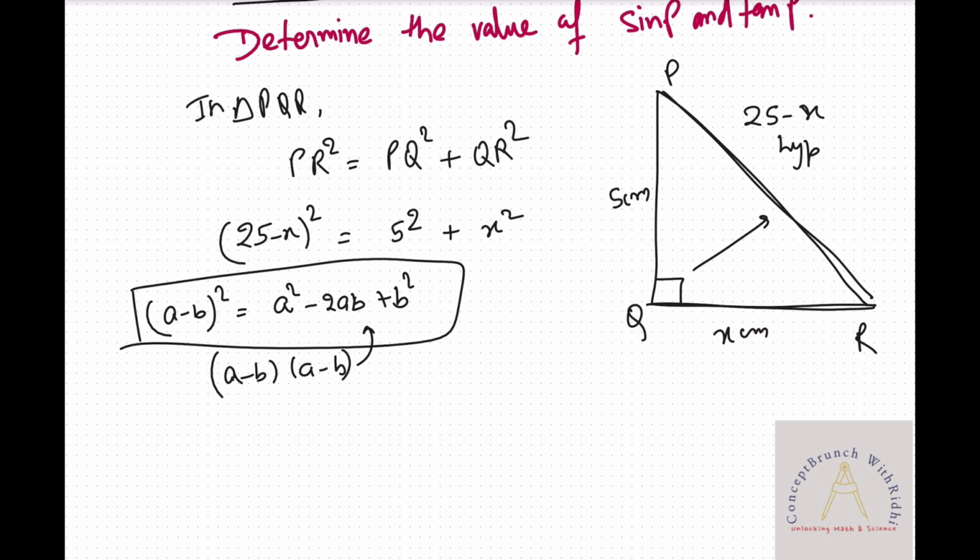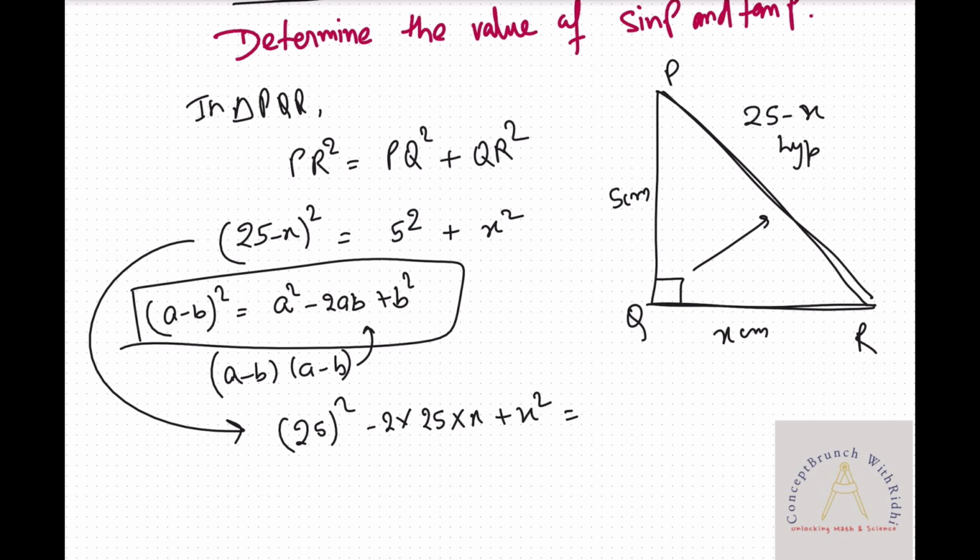Okay, so let's do this one. So 25 whole square minus 2 times 25 times x plus x square equals 5 square, which is 25, plus x square. 625 minus 50x plus x square is equal to 25 plus x square.